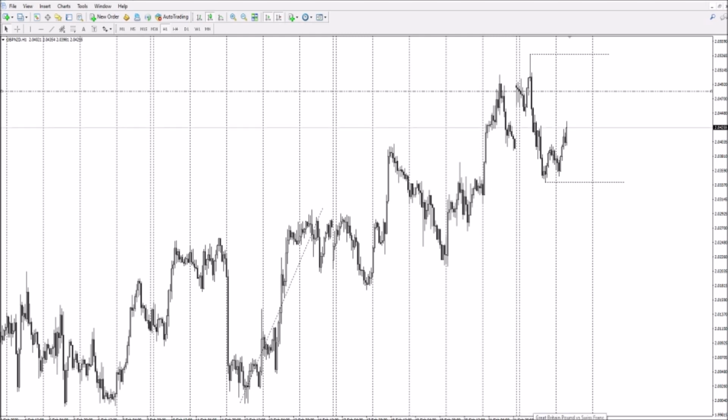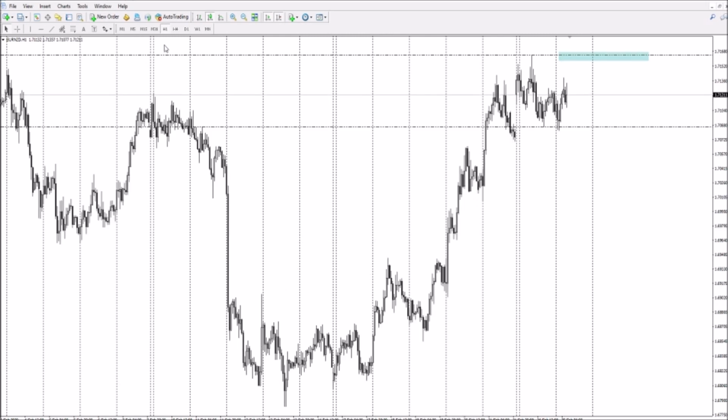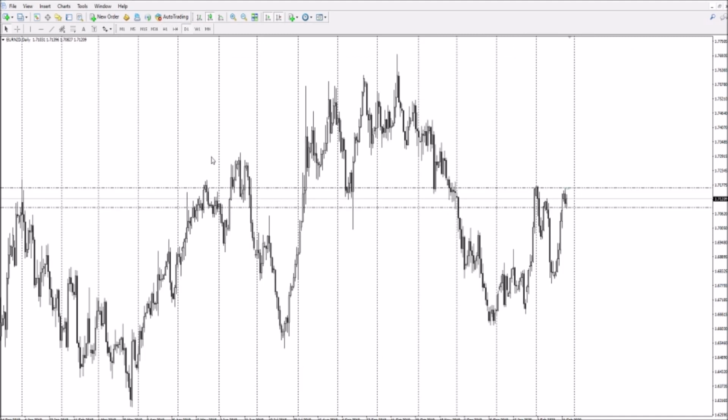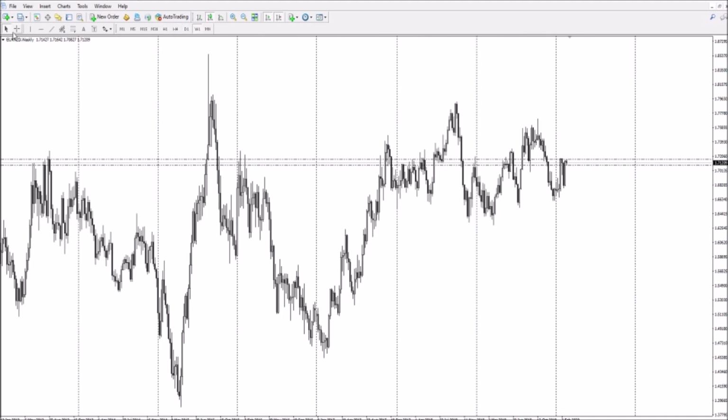Let's go on to Euro New Zealand, if I can find you. Similar idea. On the weekly, we have huge resistance here, resistance and support, resistance, support.